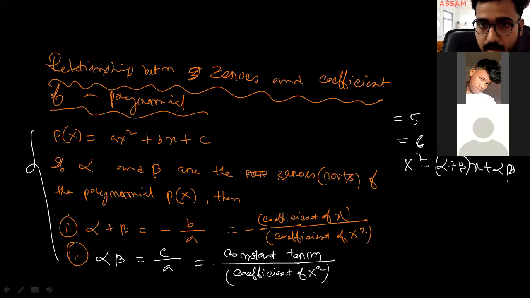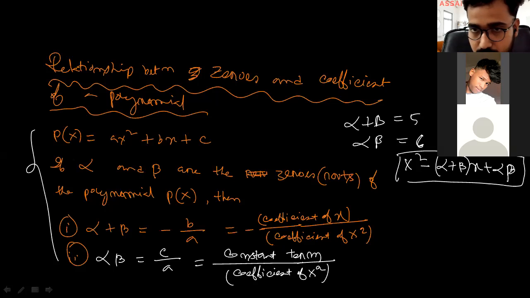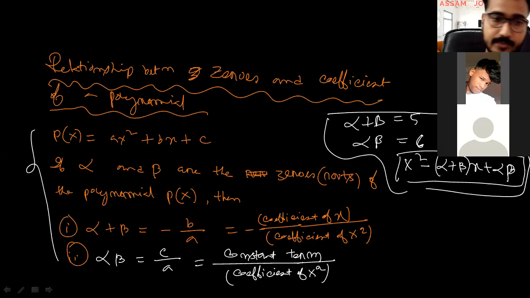That means x square minus the summation of the roots into x plus the product of the roots. This will be the polynomial. No need to write it down now; I will give a separate note. So this will be applicable here.